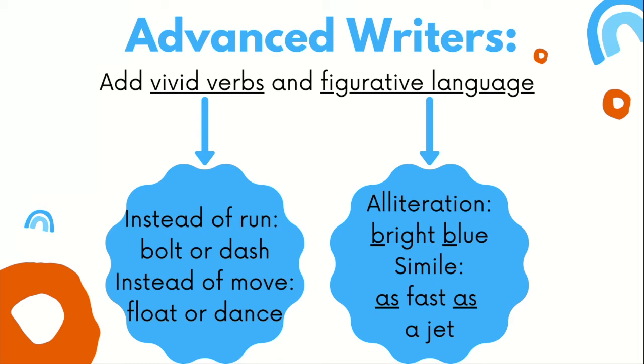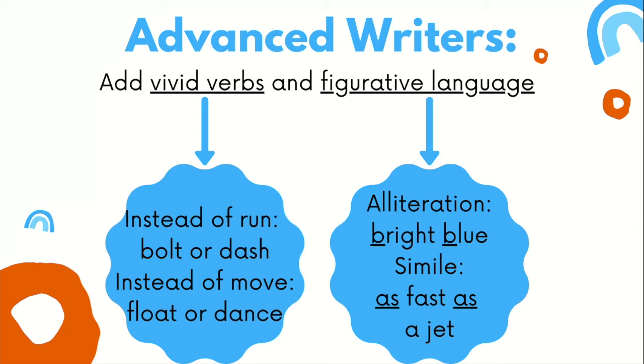And instead of using the word run, we can use a vivid verb like bolt or dash or even sprint. Instead of move, we can also use a specific vivid verb like float or dance. Vivid verbs help the reader and writer use their imagination.